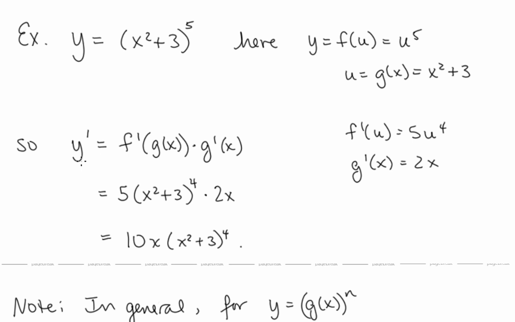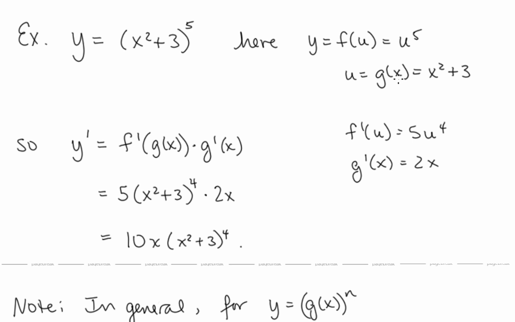And so the chain rule says that y prime is going to be f prime of g of x times g prime of x. So let's take f prime of u, that's going to be 5u to the 4th, and g prime of x is going to be 2x. So here we want to take g and plug it into f prime.